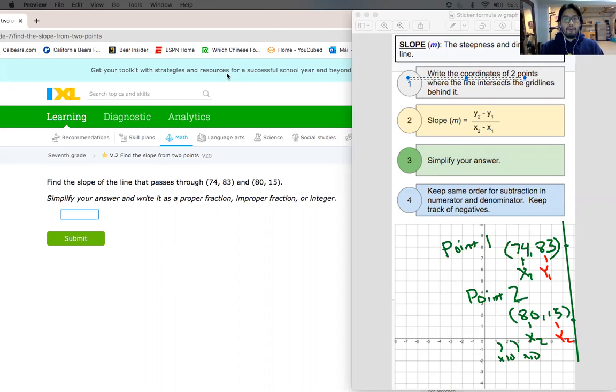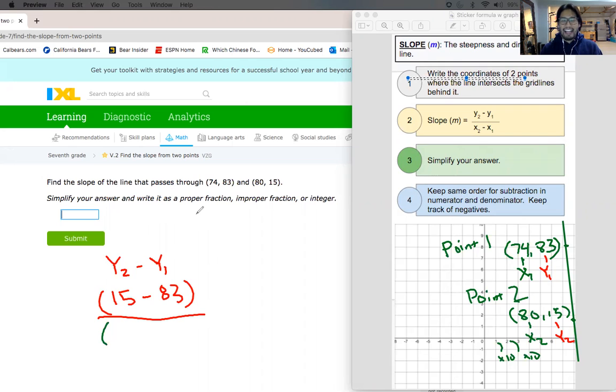Remember my formula, first my numerator. When I subtract y coordinates from each other, I'm getting the vertical change in the slope. So y2 minus y1. And that means I'm doing 15 minus 83. It's my numerator. Yay, we've got a negative number here. And then underneath it, we've got our denominator, which is our horizontal change.